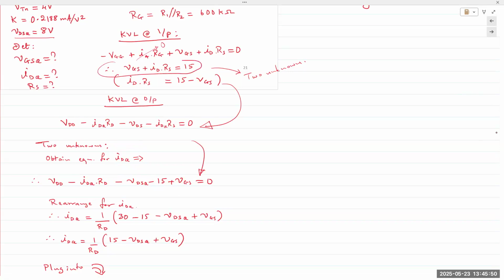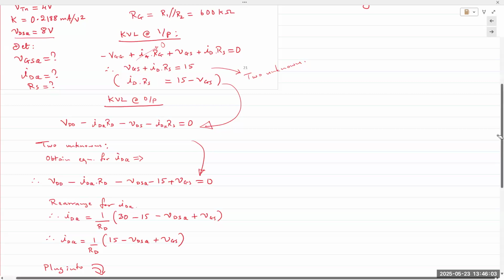We have this equation from the first KVL. We express the equation in terms of ID. Remember, ID is something we want to determine, so we always want to write equations for the quantity that we wish to determine. So ID times RS is 15 minus VGS.